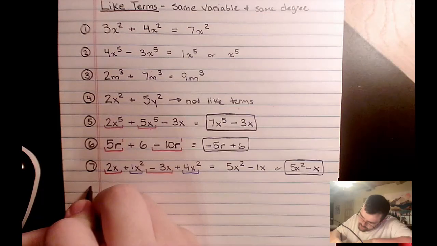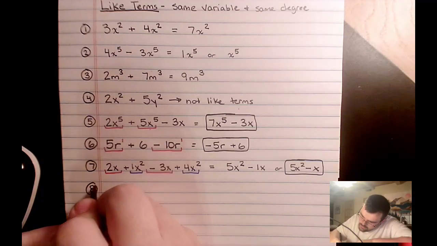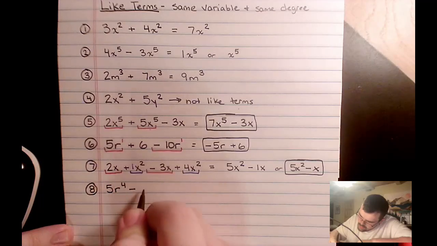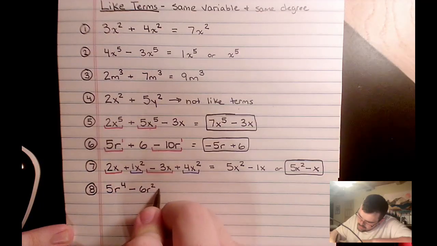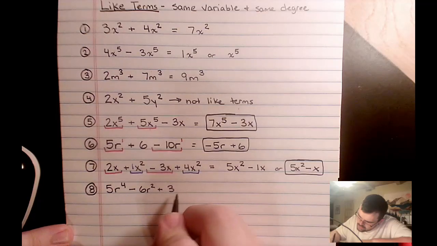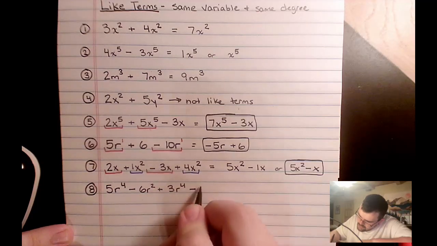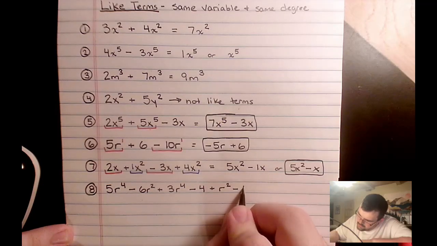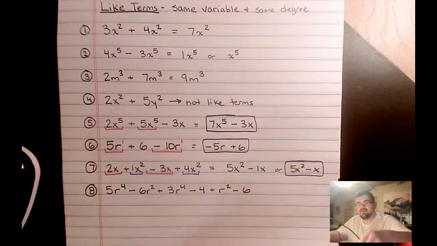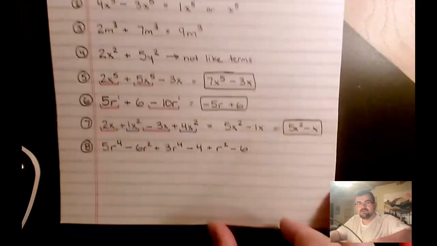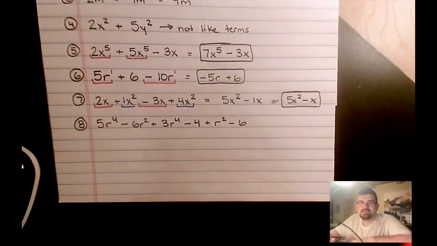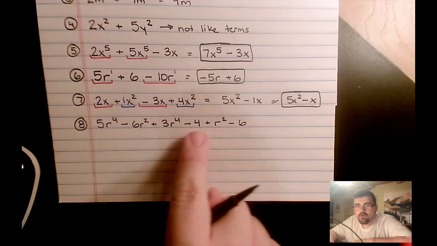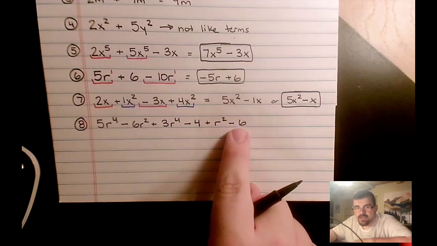Let's just try a couple more tricky ones. Okay, 5r to the fourth minus 6r squared plus 3r to the fourth minus 4 plus r squared minus 6.